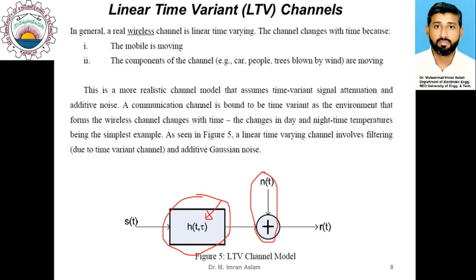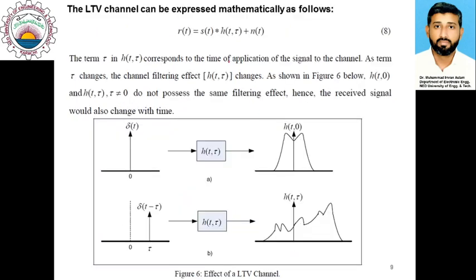So the overall mathematical model for the linear time variant channel would be represented in this way: the output will be the convolution of s(t) and the impulse response of the time variant channel, plus this noise. This is time variant because this impulse response is a function of time as well as the delay.